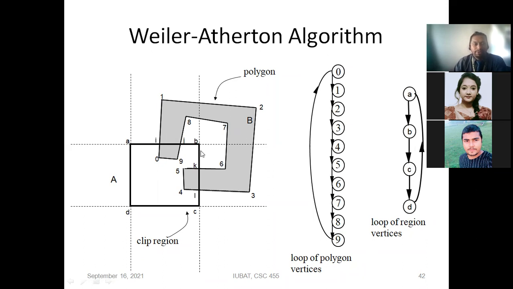And the window, the region that we have created for that clipping, also has A, B, C, D, and A again, right? So you can see these two loops. Now what we need to do, these two loops have intersected points, and those intersected points we will add, and we will add the entire relationship.